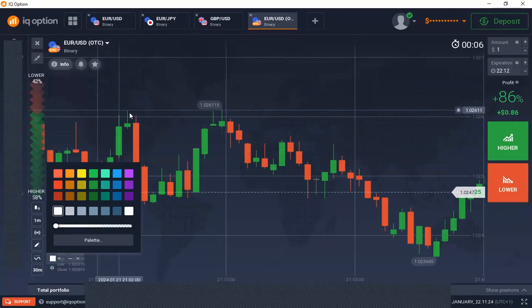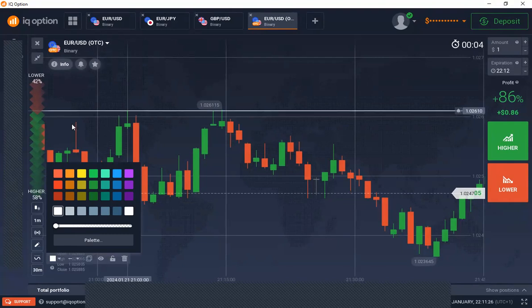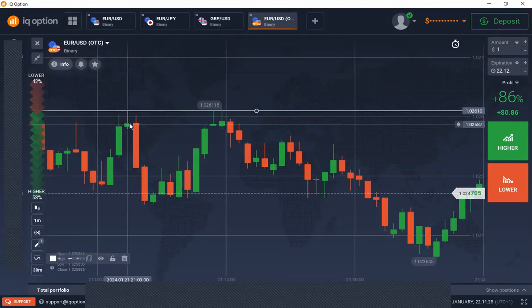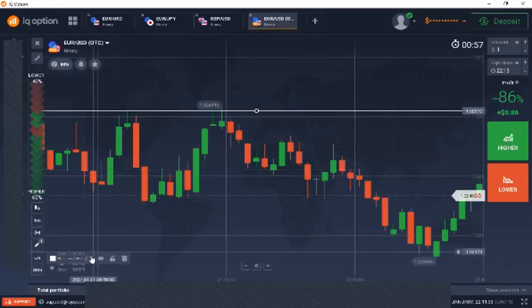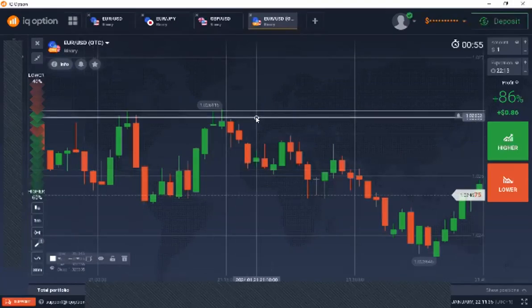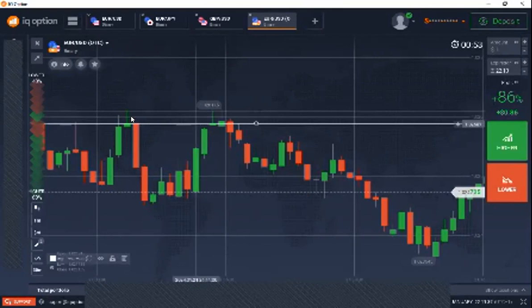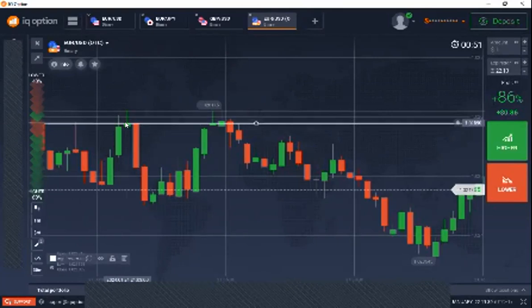See that the rejection started from this level, and then this candle closed here, sellers entered on the next candle. That is where I'll place the line, at the closing of this green candle.